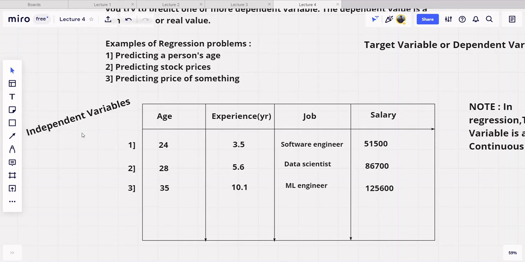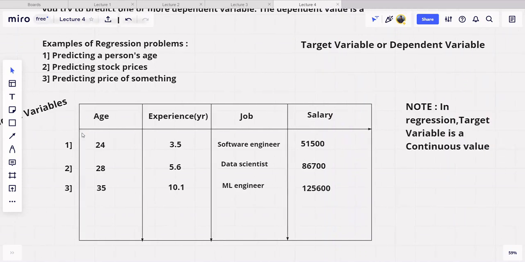This kind of problem, where you use existing data to predict a continuous variable like a person's age or the stock market price, is called a regression problem. A quick note: in a regression problem, the target variable or the dependent variable is always a continuous variable.